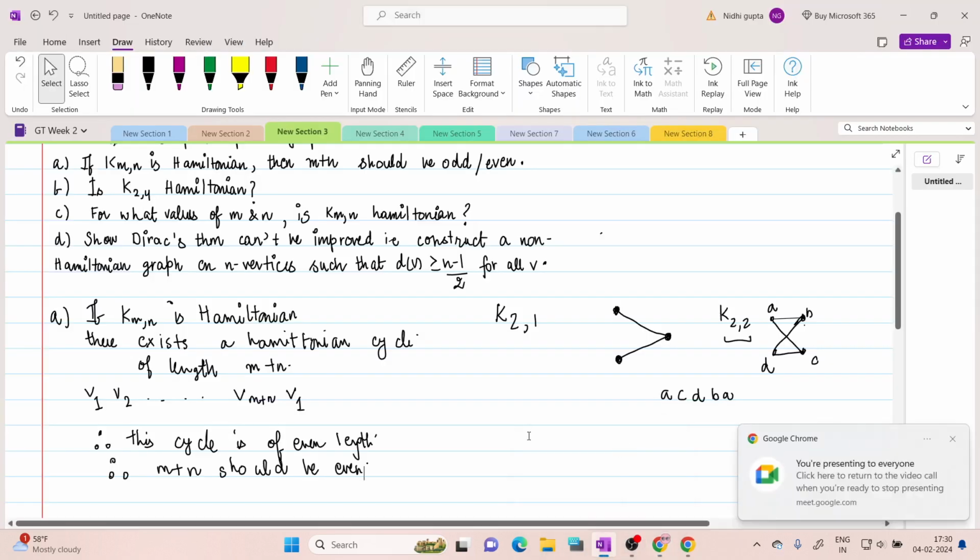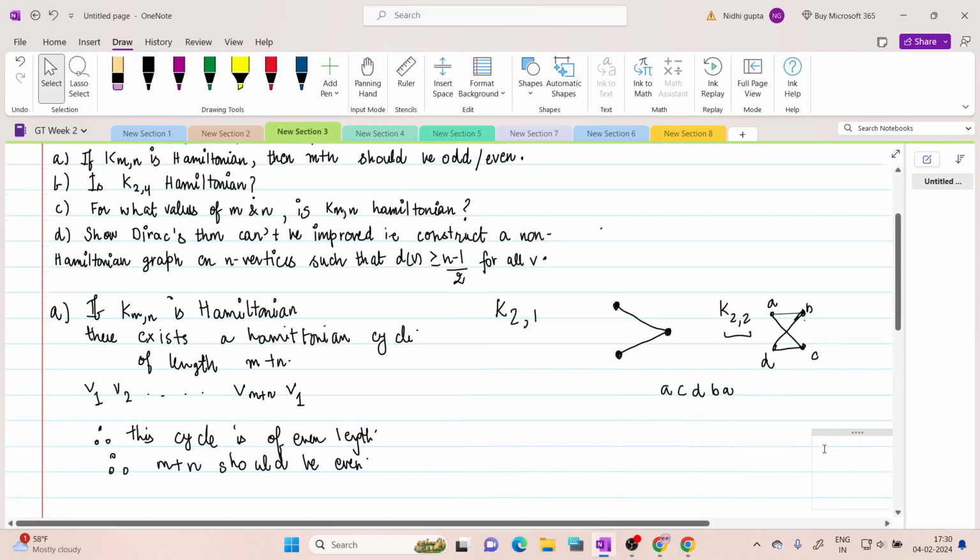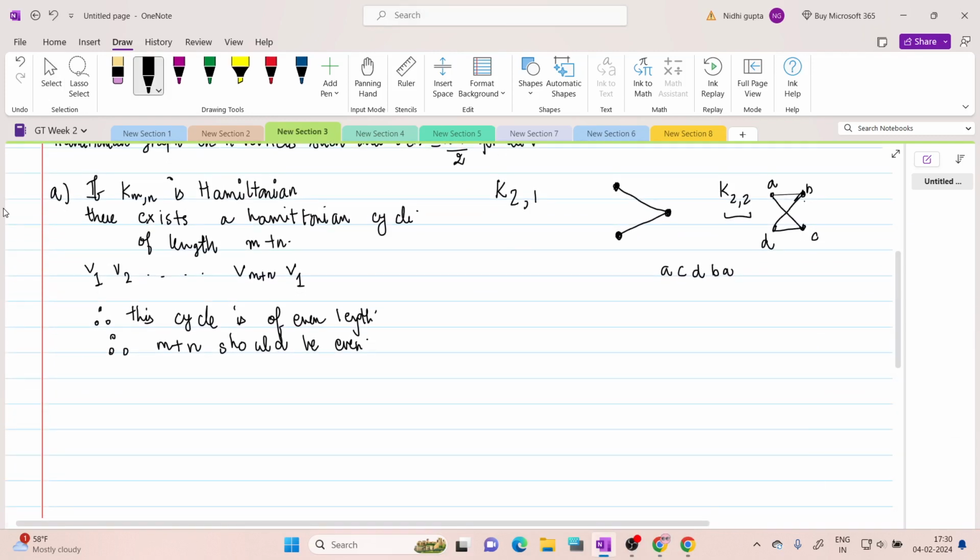Now the second question: is K_{2,4} Hamiltonian? First let me draw K_{2,4}, and then you look at this picture and let me know if you think it is Hamiltonian or not.